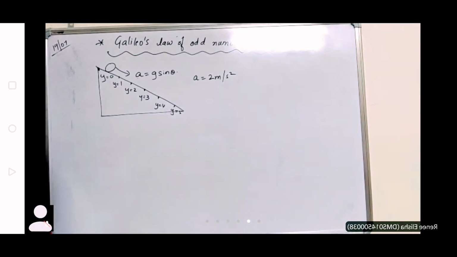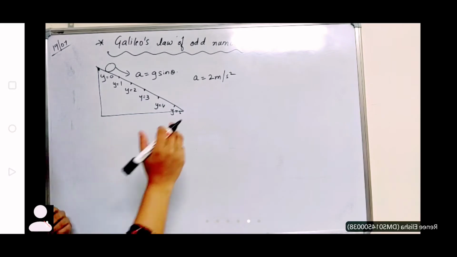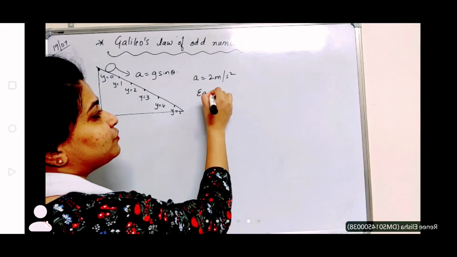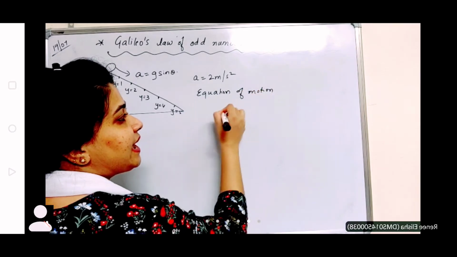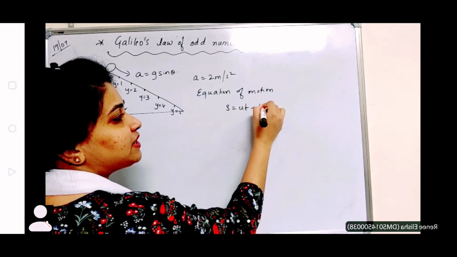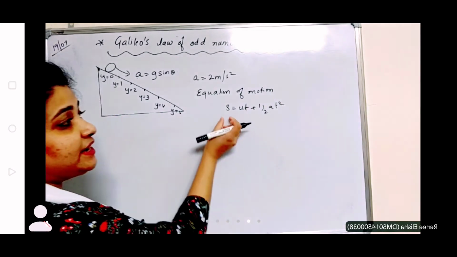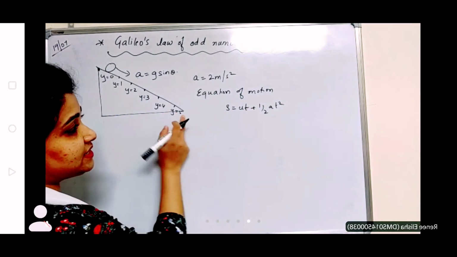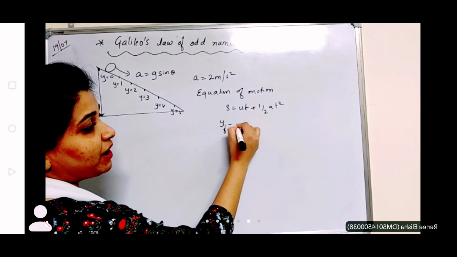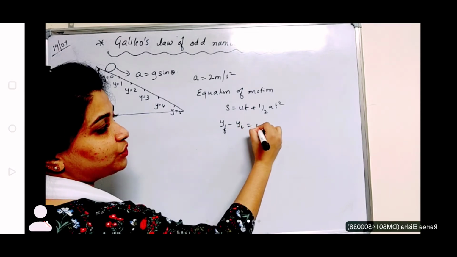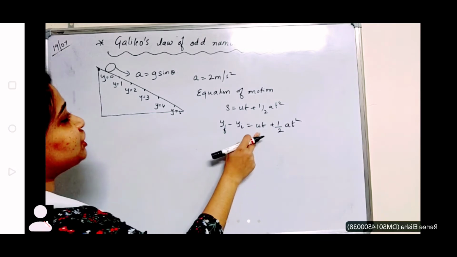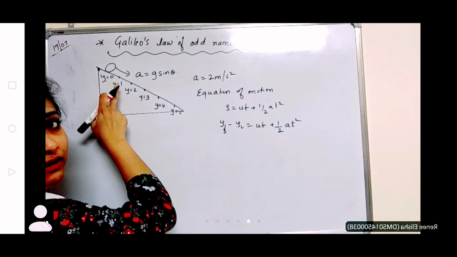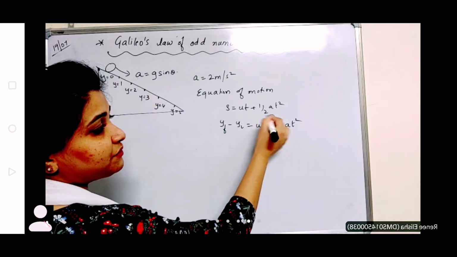Then we know that according to the equation of motion, S is equal to ut plus half at square. Here S is the final distance traveled, that is the final position minus the initial position, is equal to ut plus half a into t square. Initially velocity is not there, so initial velocity will be 0, so this entire factor will become 0.